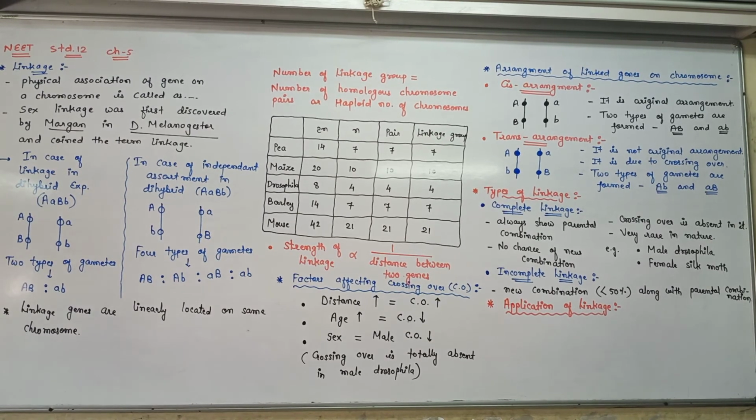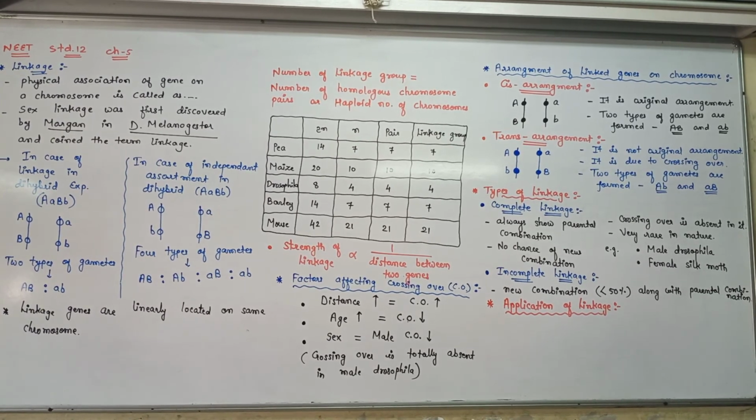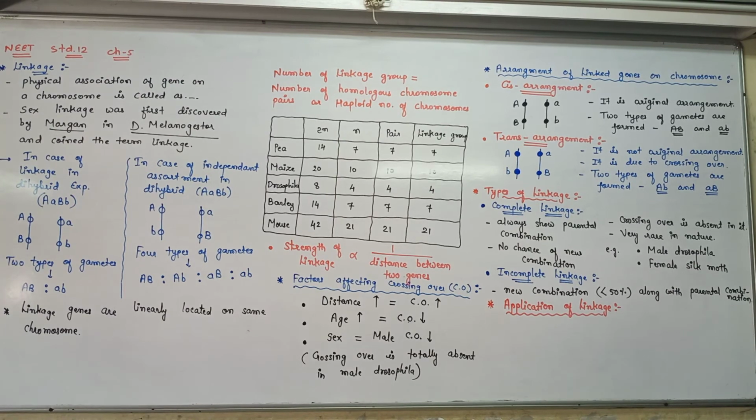So a little bit of change: 50% characters are of the parents and less than 50% characters are new. Here new combinations are formed due to crossing over. Right? So this is known as incomplete linkage.